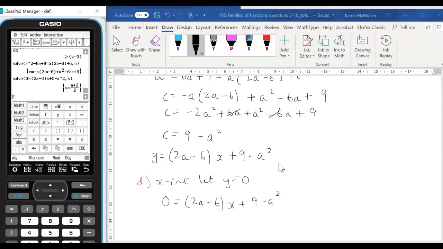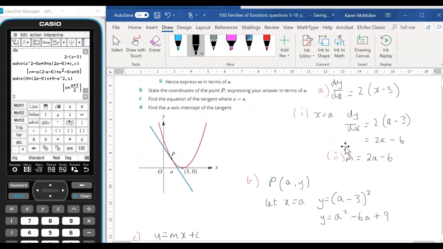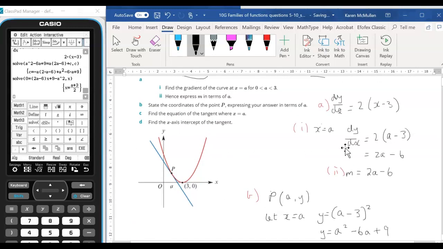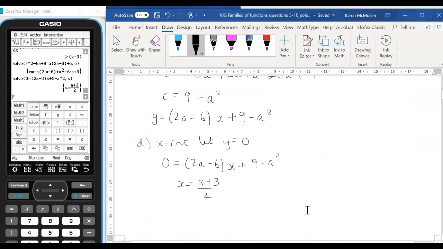So your x-intercept is at x equals (a plus 3) on 2. Now I'm just going to make sure they haven't given us a value of a. No, so everything is just in terms of a. So your x-intercept is there at (a plus 3) on 2. And if we're writing that as coordinates, x plus 3 on, whoops, not x, sorry, change that in a second.